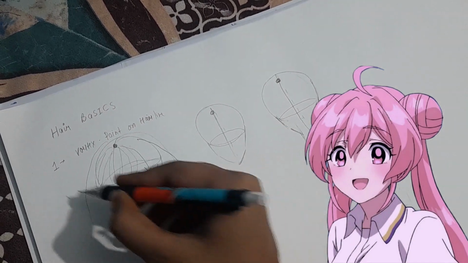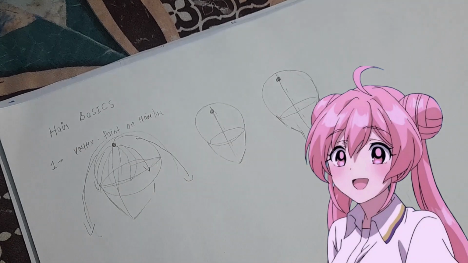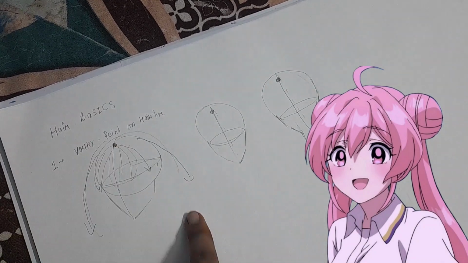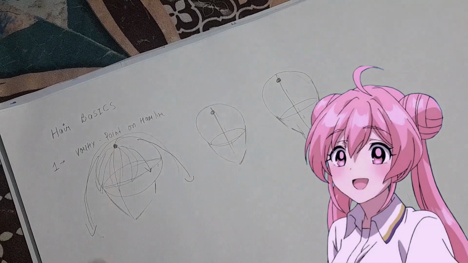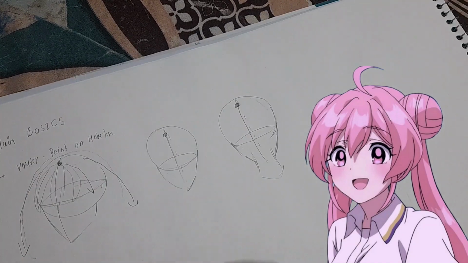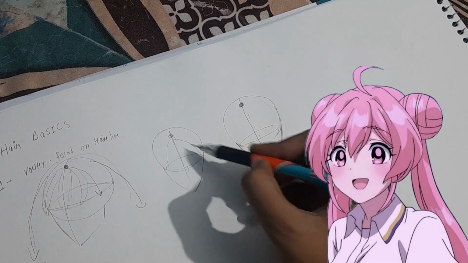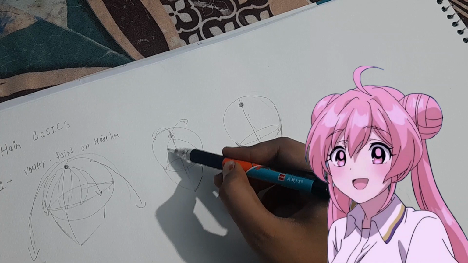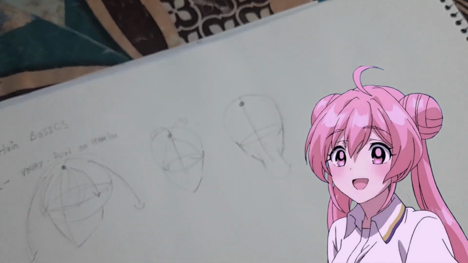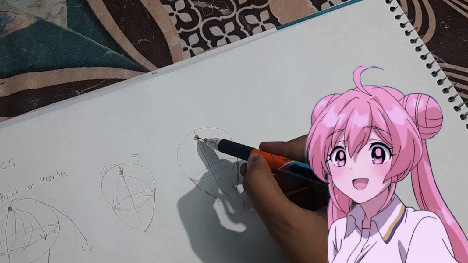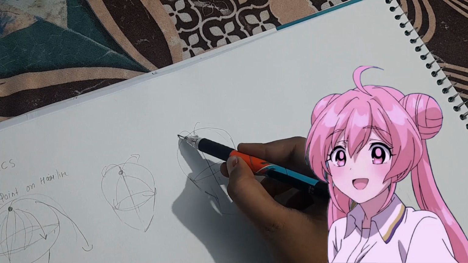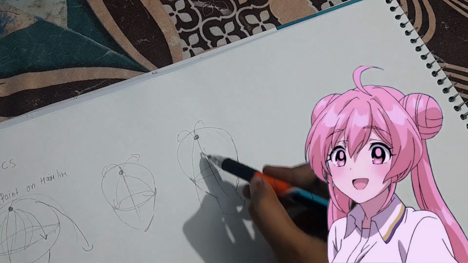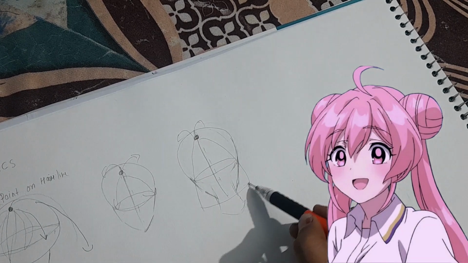So they tell you where your hair needs to be drawn, and give you a guideline on where to start your hair strands and make your hairstyles. These vertex points can be on top of your bangs and the back of the head.